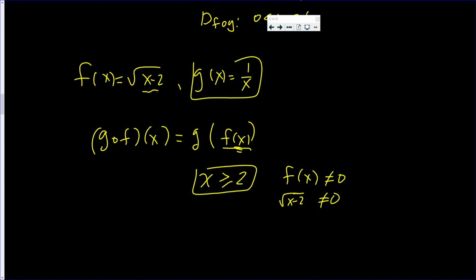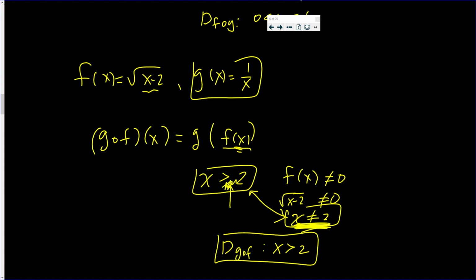Well, it's only 0 when you take the square root of 0, and that only happens when x is 2. So when I combine these two, I get that the domain of the g circle f function is x is bigger than 2. This says it can equal 2, this one says no way. So it can't equal 2. It has to be bigger than 2.